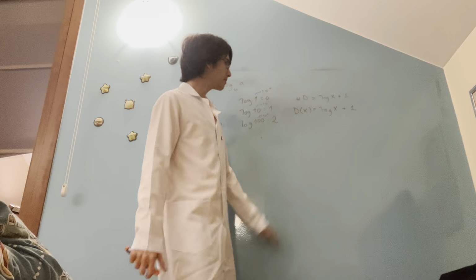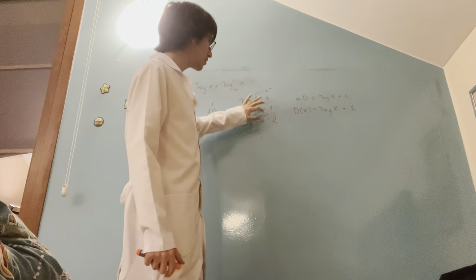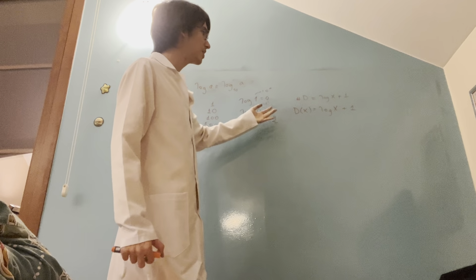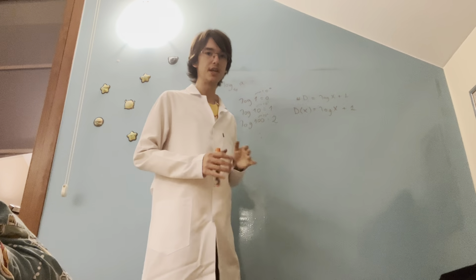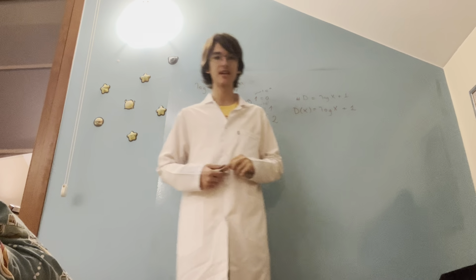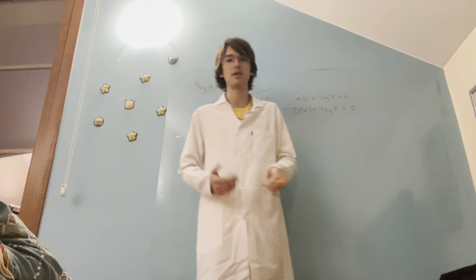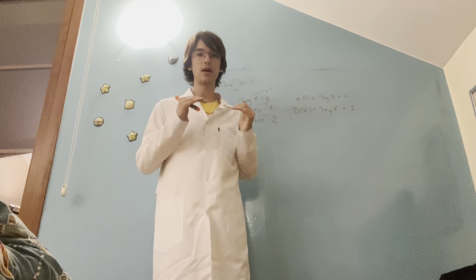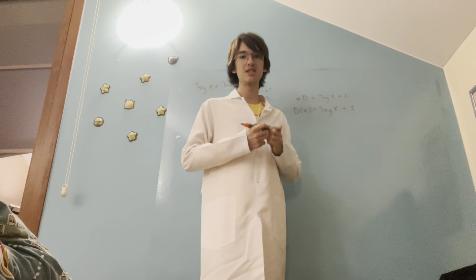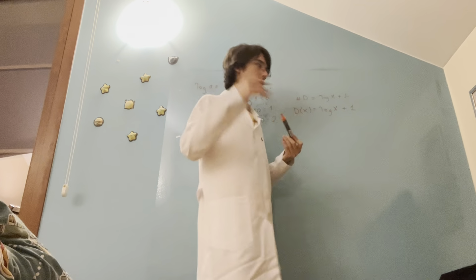Log base 10 of 77 will give you something between 1 and 2, but then adding 1 will give you something between 2 and 3. But you cannot have decimal places in a digit count. They are supposed to be whole numbers, right? So what we do is truncate the number down to the nearest smaller integer.